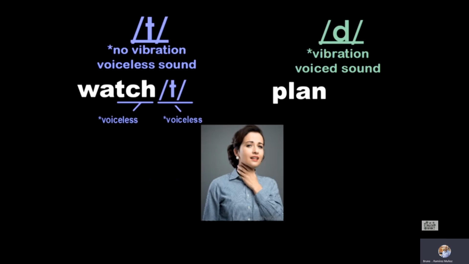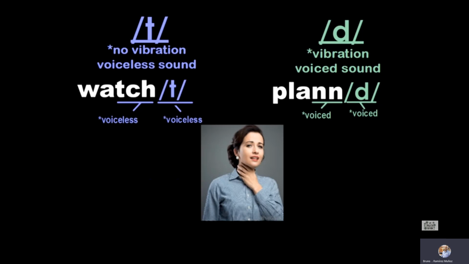Now say the verb plan. Notice the sound at the end. Plan. It is voiced. There is vibration. So when we want to use the past ed, we need to use a sound that also is voiced. So we use d, because it's easier to use a voiced sound and another voiced sound. So we say planned.